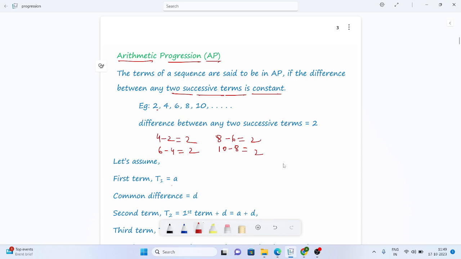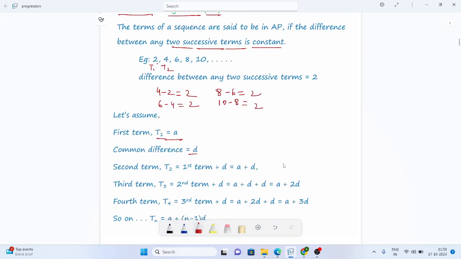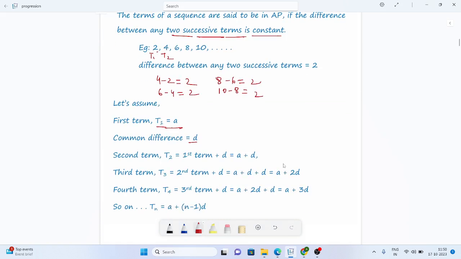So let's assume the first term is T1, which in AP I denote by A. This is term 1, this is term 2, and when you add the common difference to the first term, you get the second term, A plus D. Similarly, when you add the common difference to the second term, you get the third term, which is A plus D plus D, that is A plus 2D.